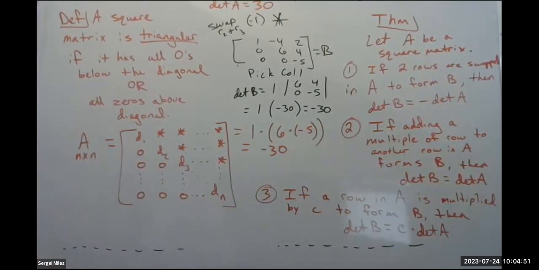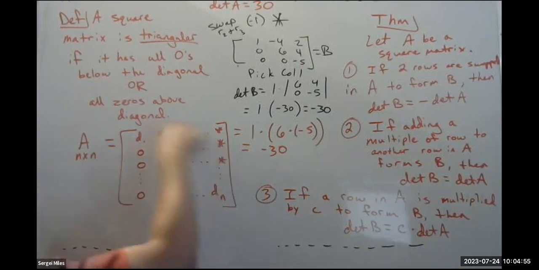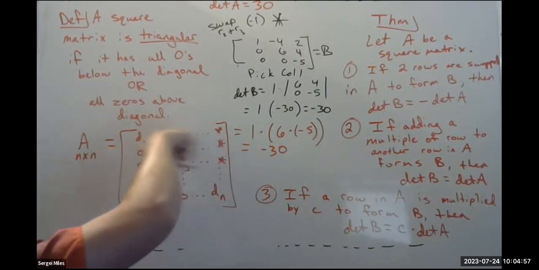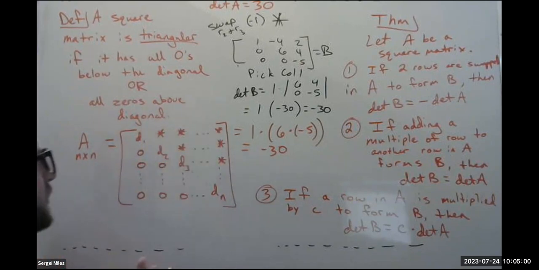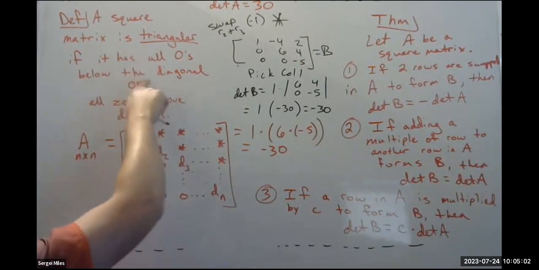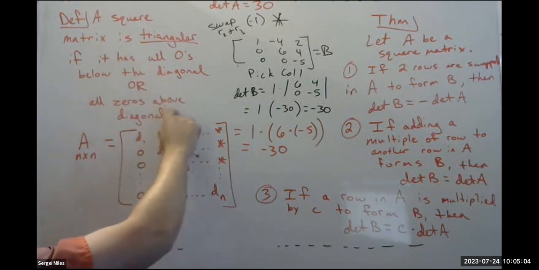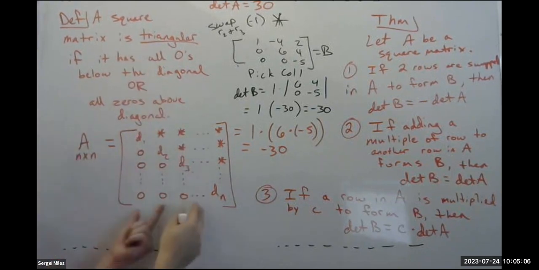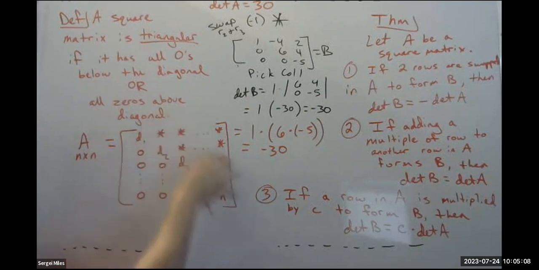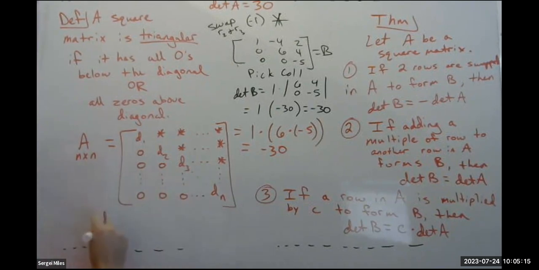Now, of course, I've drawn this where this is called upper triangular because the triangle is in the upper half of the matrix. But just as easily, we said it could be upper triangular, or lower triangular, right? So this picture, you could flip it around where all the zeros are above the diagonal. It doesn't really matter. The point I'm getting at is, what is the determinant?